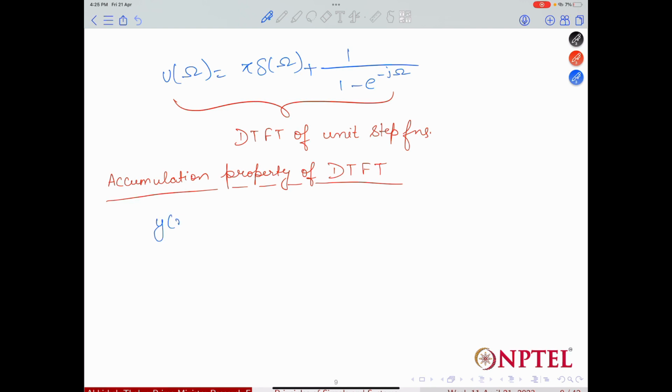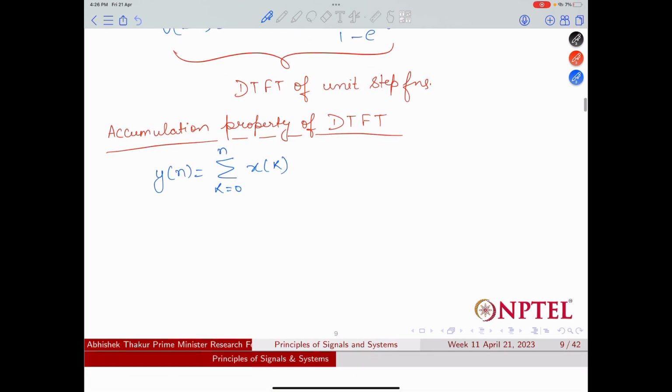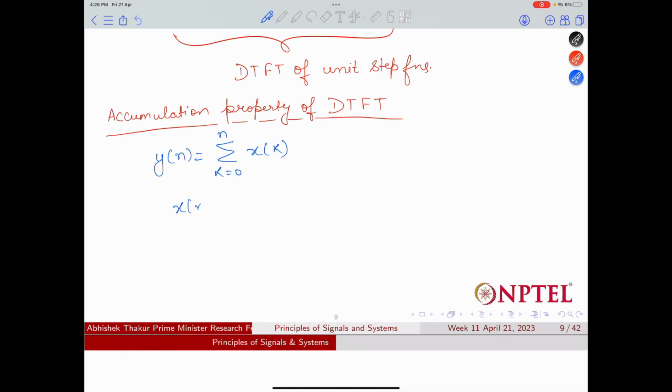So let's suppose y of n is equal to the summation of x of k, k is equal to 0 to n. We know that the DTFT of x of n is X of omega. Now we have to find the DTFT of y of n, the summation of x of k, k equal to 0 to n. So this is just the accumulation property of DTFT.